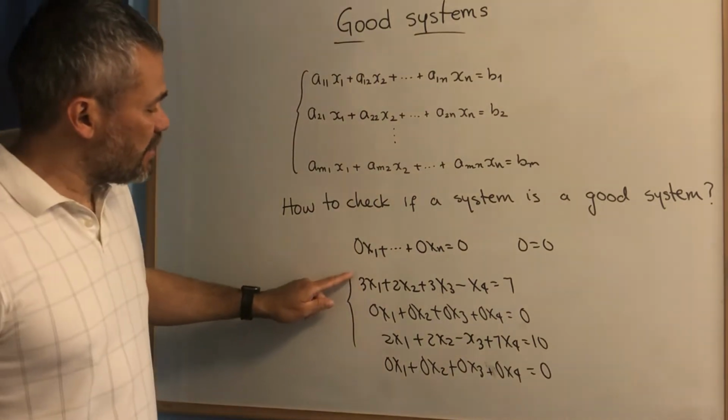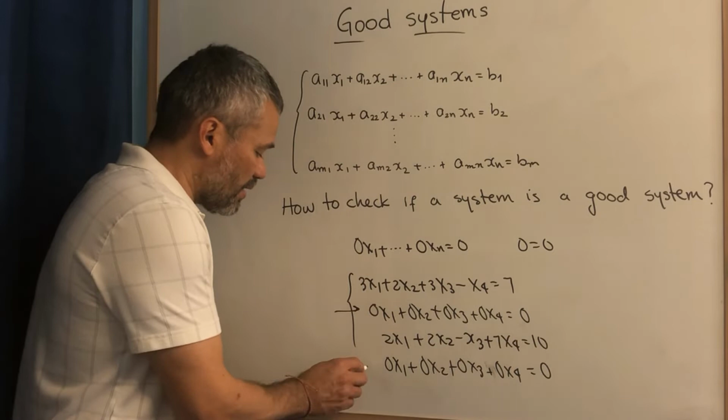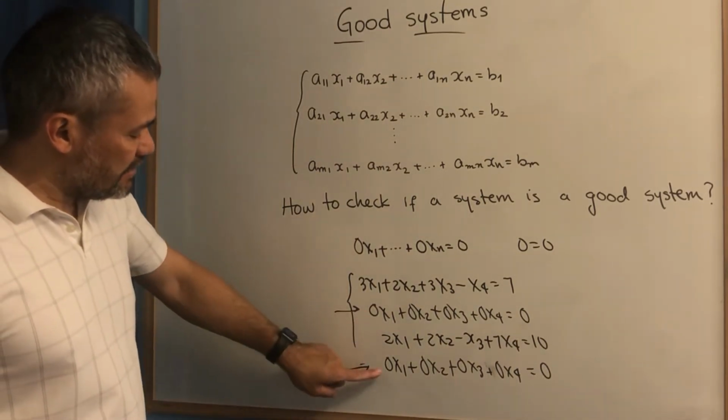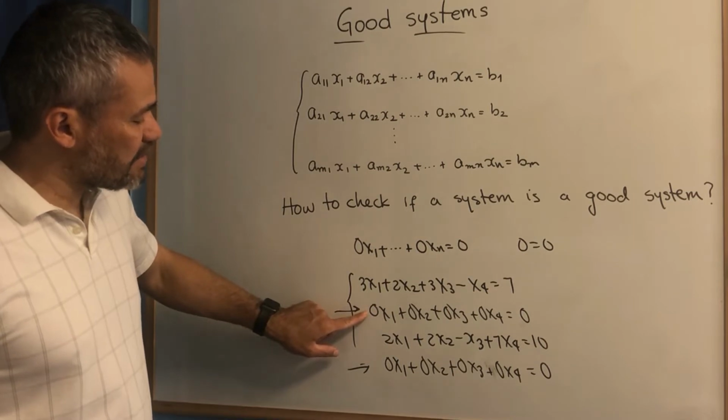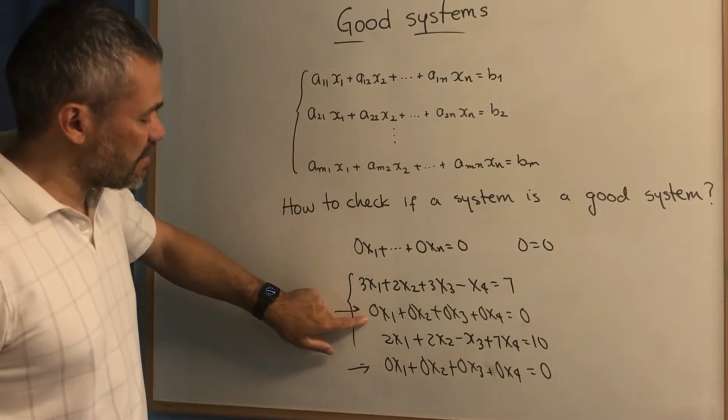Then in this case we notice that we have equations of this type. We have 1 and 2, and they are not at the end. This one is at the end, but this one is not at the end. Therefore, this does not classify as a good system.